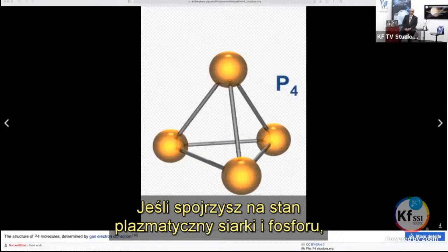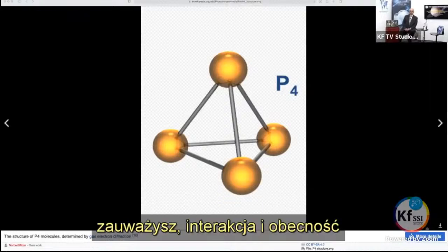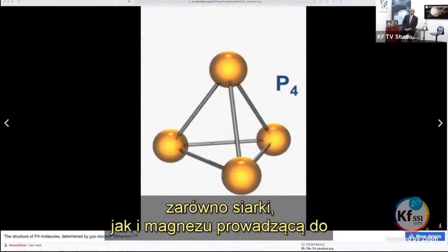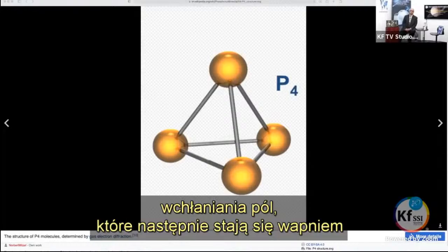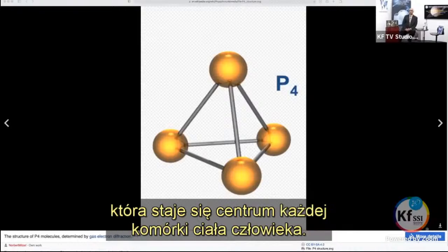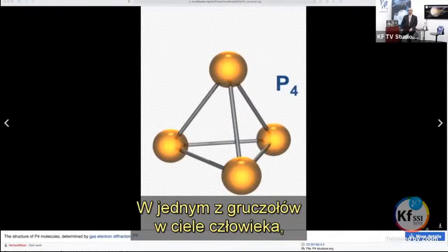If you look at the plasmatic condition of sulfur and phosphor, you'll find the interaction and the presence of both sulfur and magnesium leads to the creation, absorption of the fields, which then become calcium, which become the center of every cell of the body of the man.